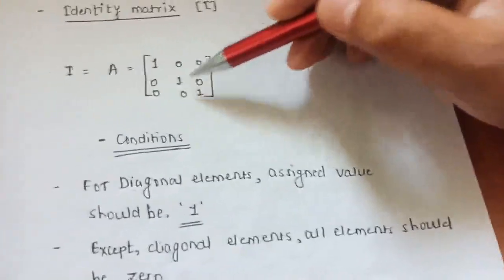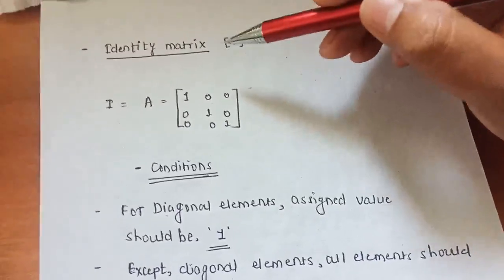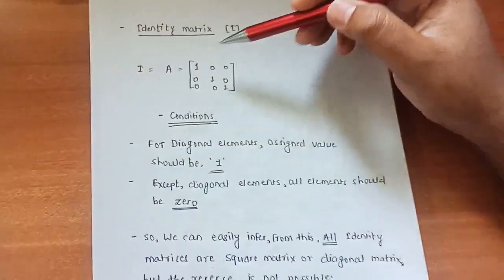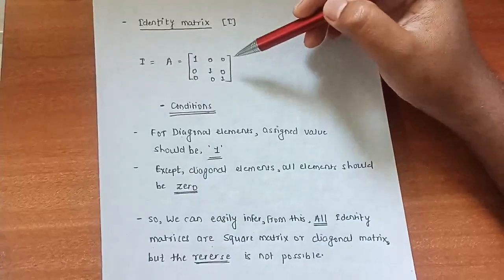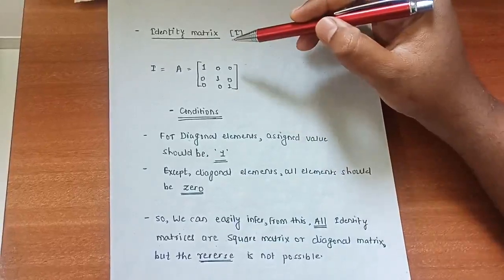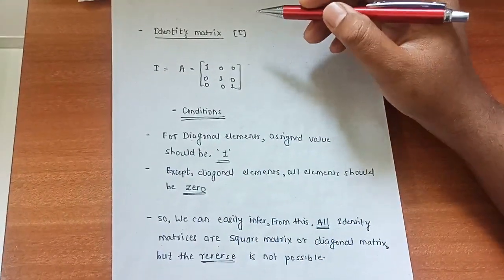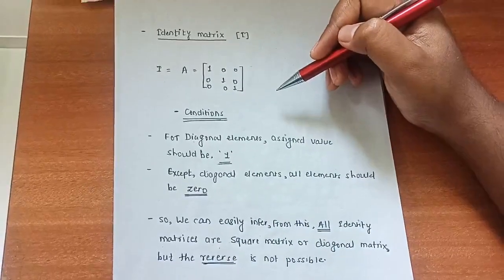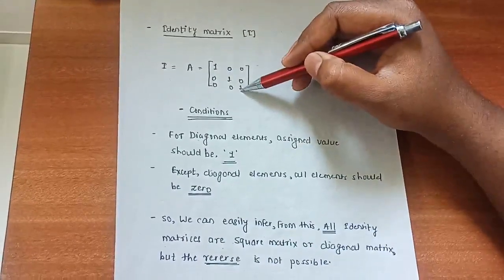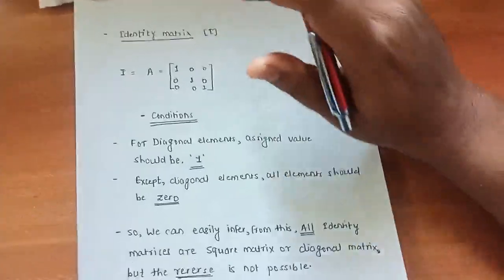If the value is not 1, then we can't say this matrix is an identity matrix, so we signify that matrix as a diagonal matrix. So the difference between the square matrix, diagonal matrix and the identity matrix is that for the identity matrix the condition is the diagonal elements should be 1, and it is not such for the diagonal matrix.